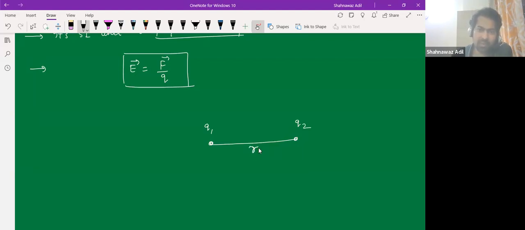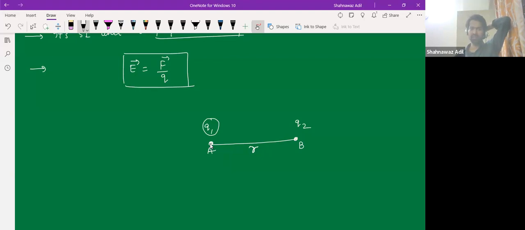So if I want to calculate the electric field at this point, then I'll have to forget about this charge. So the electric field at A would be due to which charge?